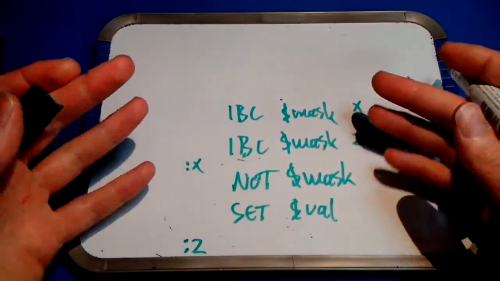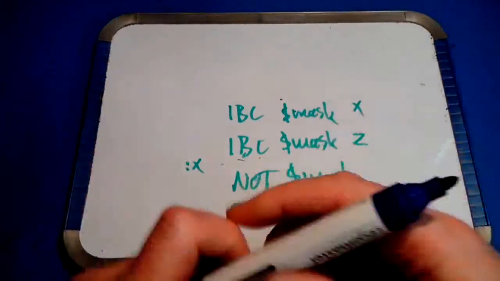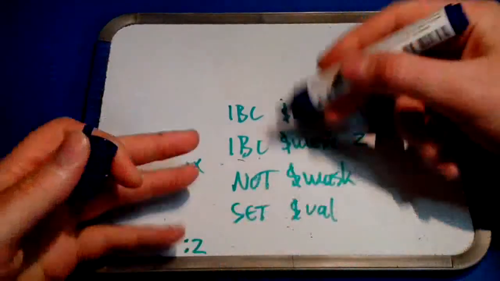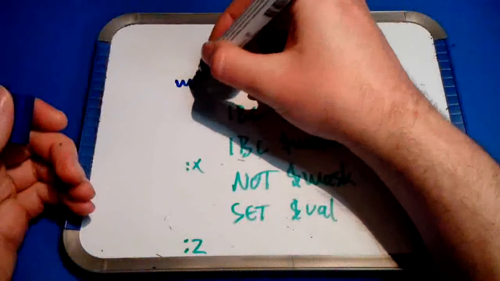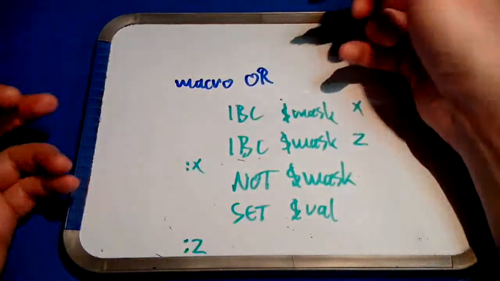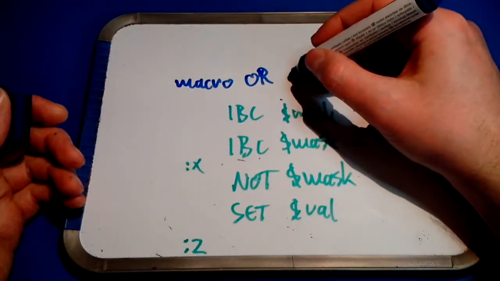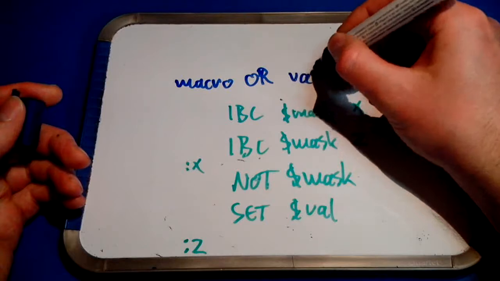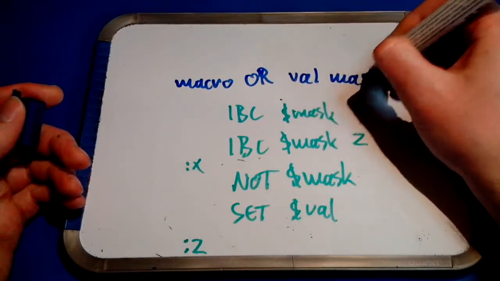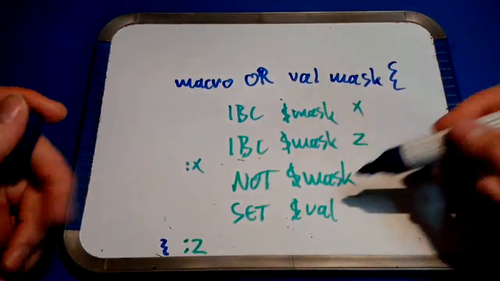Now you can simplify this more. What you can do is introduce a macro named OR, which was the function of the original program, which takes two parameters, namely val and mask, and does exactly that.